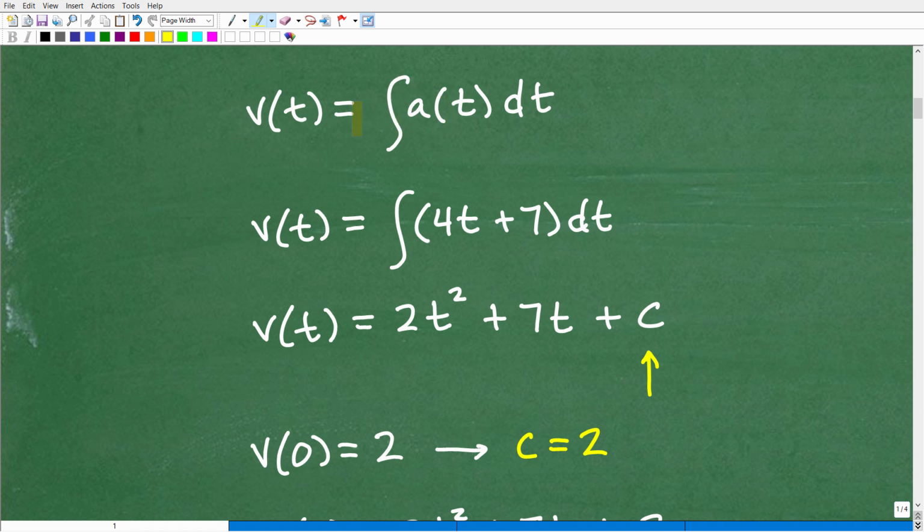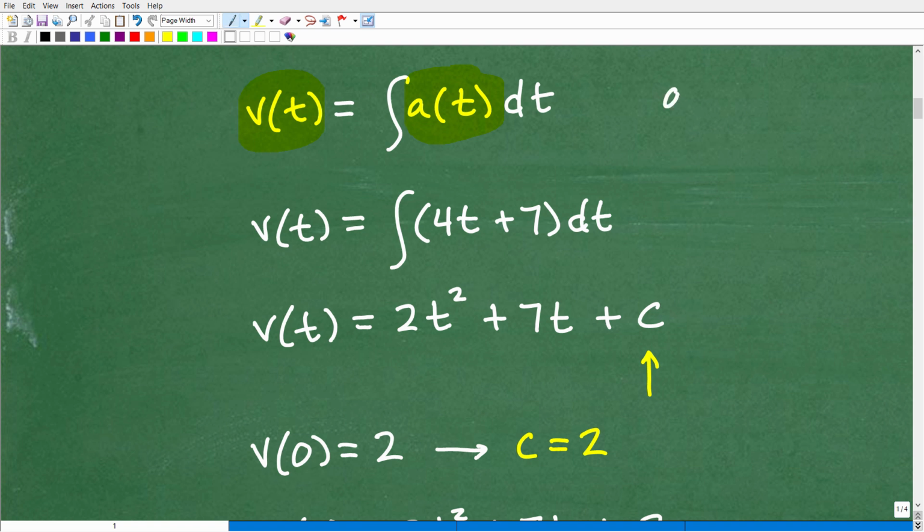All right, so here, the velocity function, v of t, the velocity function with respect to time, I can find that if I have the acceleration function with respect to time. If I integrate this, it's equivalent to the velocity function. So that's basically the main idea. Do I have that acceleration function with respect to time? Was that given to me? Yes.